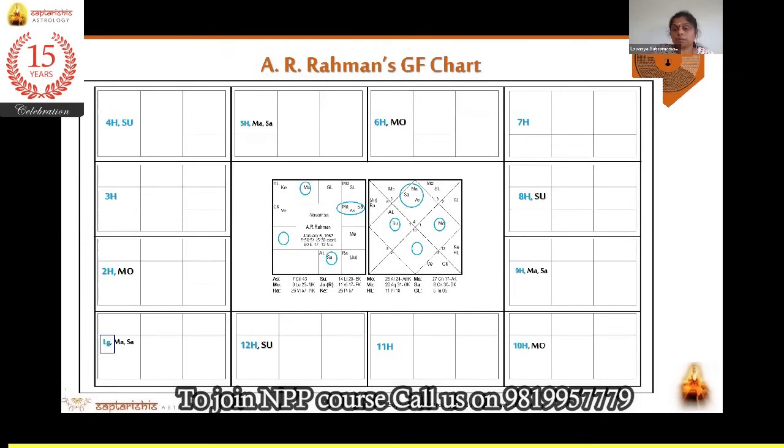Now this is the chart of A.R. Rahman. His Lagna is in Sagittarius, Mula Nakshatra, 4th Pada. So this is the D9 chart. The Cancer sign at 7 degrees 43 minutes will be Pushya.